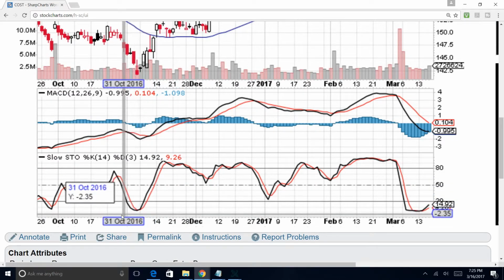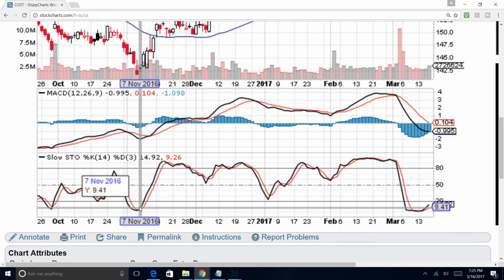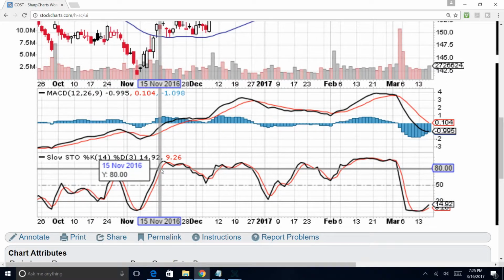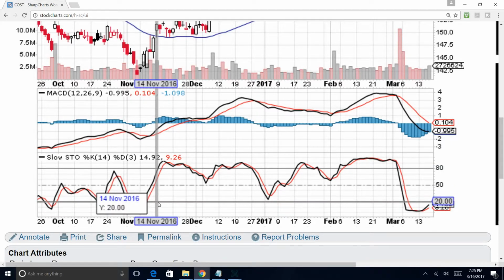If we look at the stochastic, it looks like a bunch of squiggly lines as well, but very similar to the RSI. At 80, the stochastic is considered overbought, and below 20, the stochastic is considered oversold.